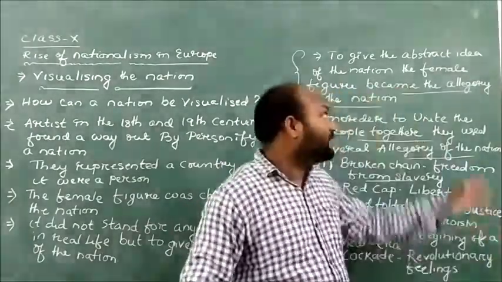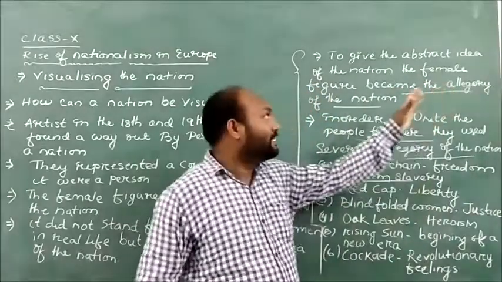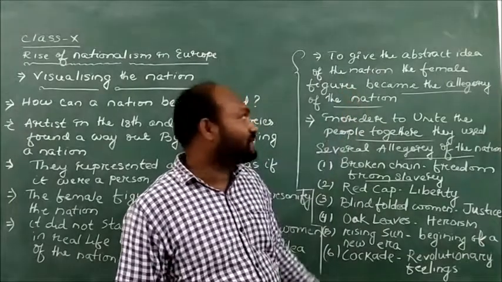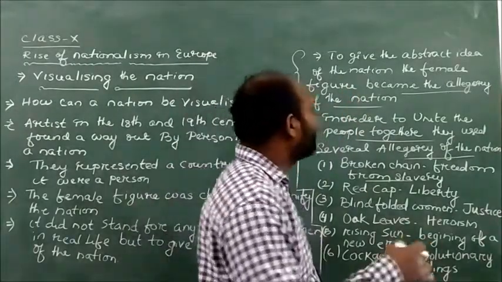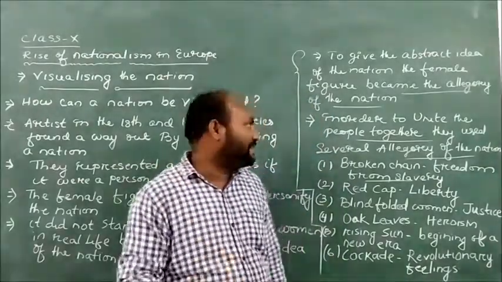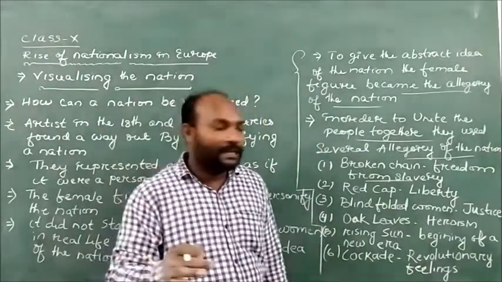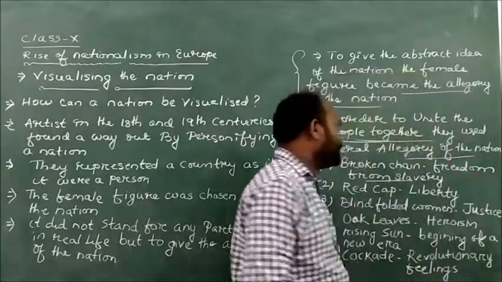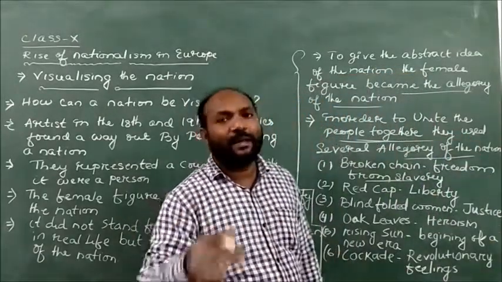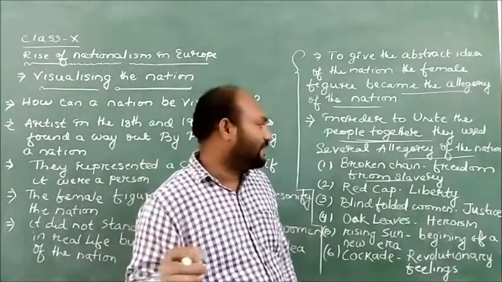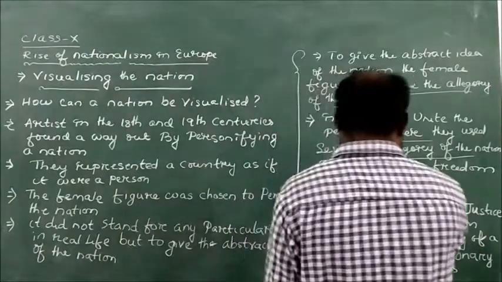So dear children, here we understood that they are using different abstract ideas of the nation in the form of a female figure, which gives an abstract idea of the nation. In order to unite the people together, they used different allegories or objects, such as the broken chain.